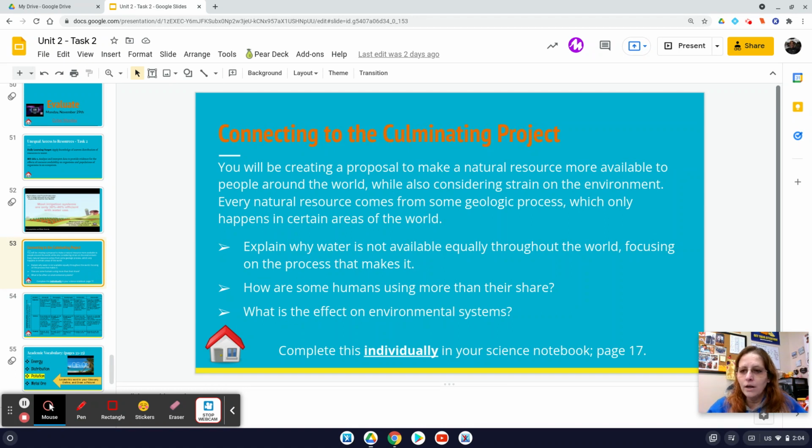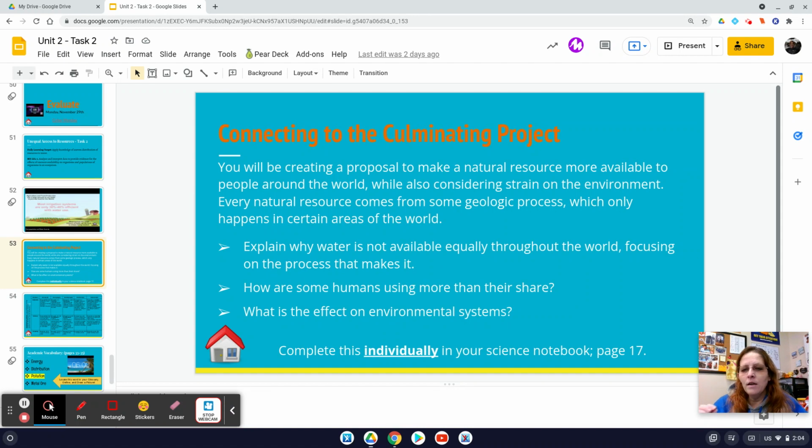You have to have water in the air in order for it to precipitate, right? You have to have condensation in order to have precipitation. All right, so think about that. Think about what effects humans are having that are actually causing environmental issues. All right, so look at that, really do dig into some research.